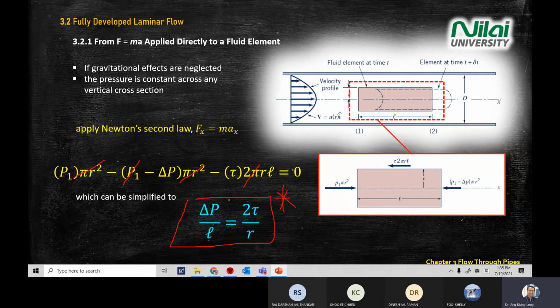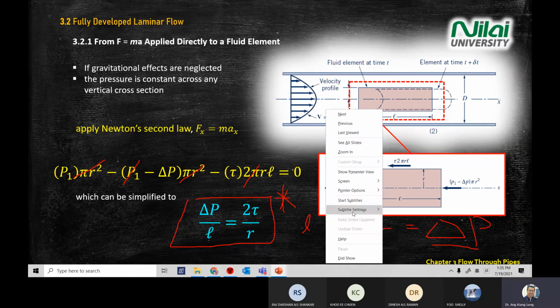So by using F equal to MA and the steady flow assumption, we arrive at the ratio that will help you calculate, if you're given the L, the length of the pipe, the shear stress value, and the R value, the drop of the pressure inside the pipe from point 1 to point 2.